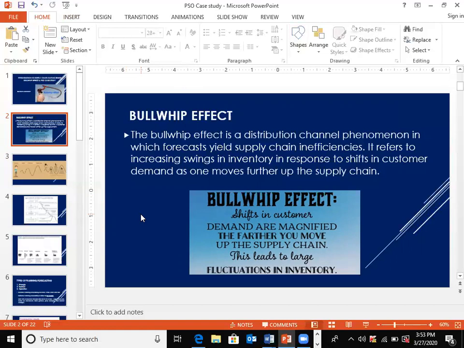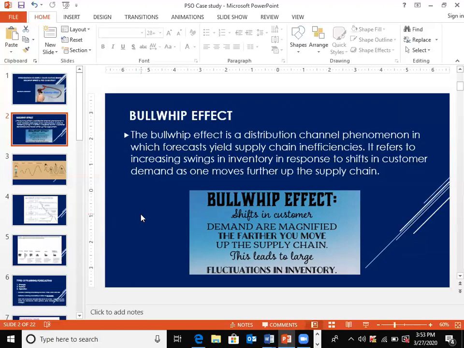Okay, so now let's move on to the second sentence. The bullwhip effect refers to increasing swings in inventory in response to shifts in customer demand as one moves further along the supply chain. So again, what they're saying is that when there is a shift in the customer demand, then according to the bullwhip effect, there is an increase in the amount of swings in inventory as one moves further up the supply chain.